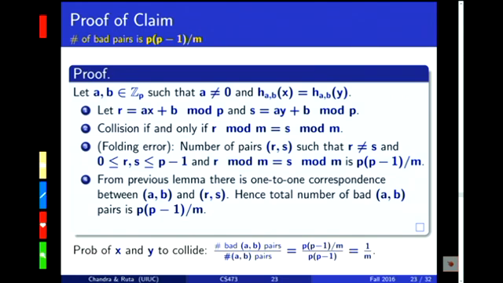We just counted the number of bad functions for a particular pair of x and y. Now I take another two different keys and ask what are the bad functions which make them collide. Will that set be the same?